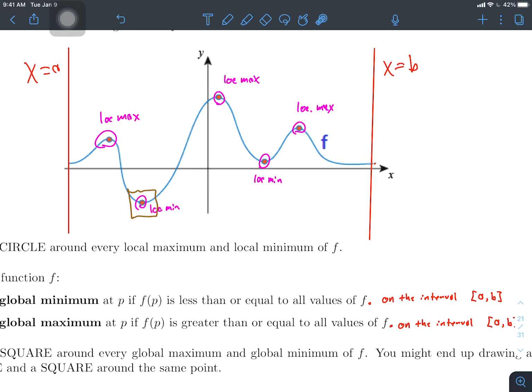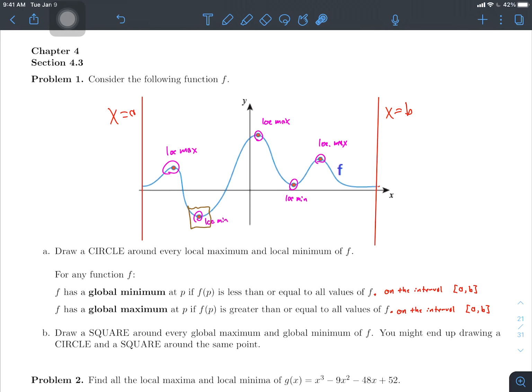So, the crucial thing that I want to describe here is that this one here that I'm pointing out with the green pointer, it is a local minimum, but it is not a global minimum for the function. Okay, so this is the crucial difference between local and global minimum. So this one's a local min, this one's a global min, and the global max is up here, right?